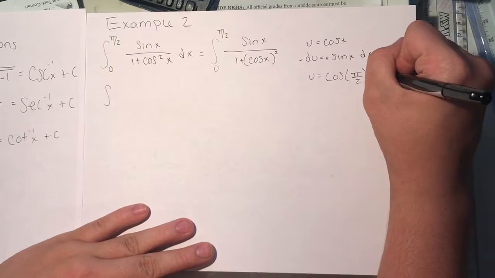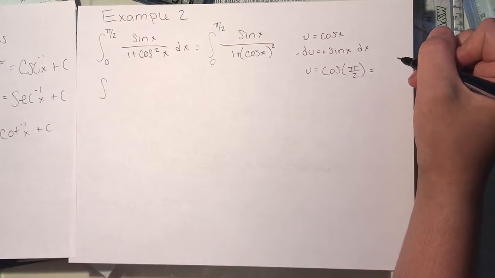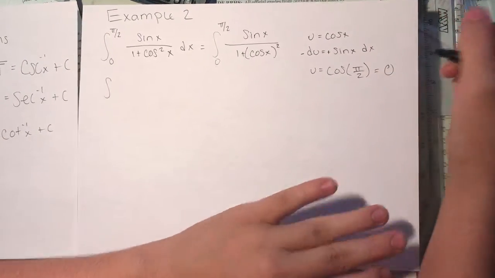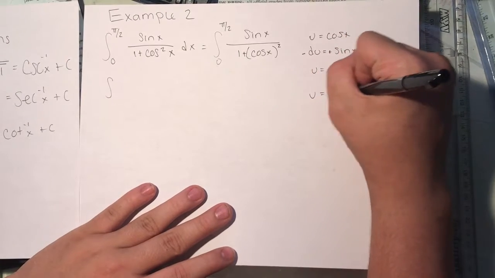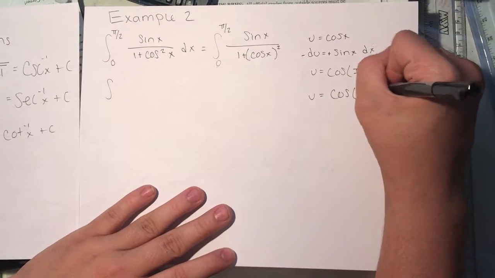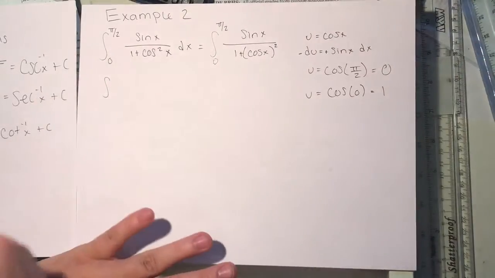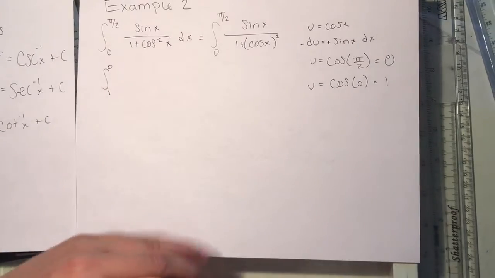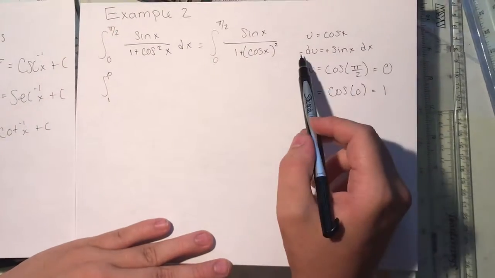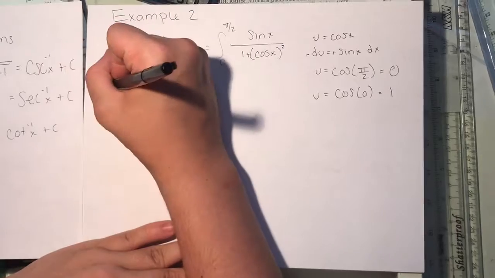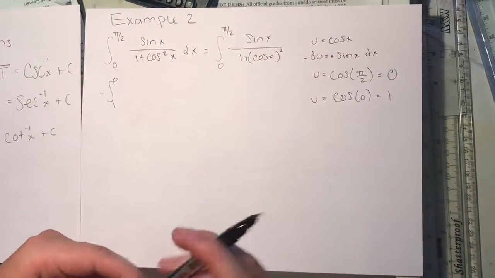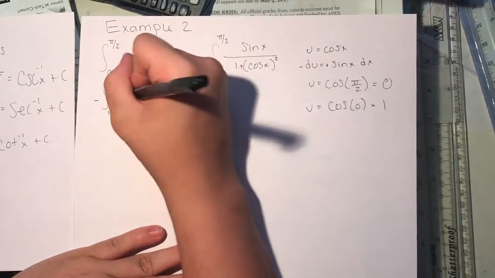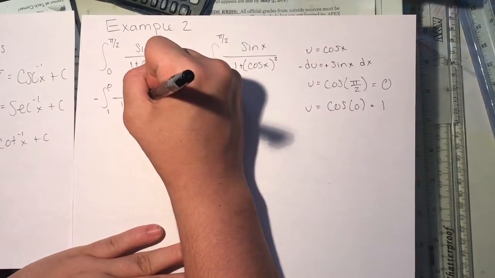The cosine of pi halves is equal to 0, and the cosine of 0 is equal to 1. So that'll be our new limits of integration from 1 to 0. Since we have a negative out front, we're going to put a negative in front of the integral. And then we're going to rewrite it as 1 over 1 plus u squared du.